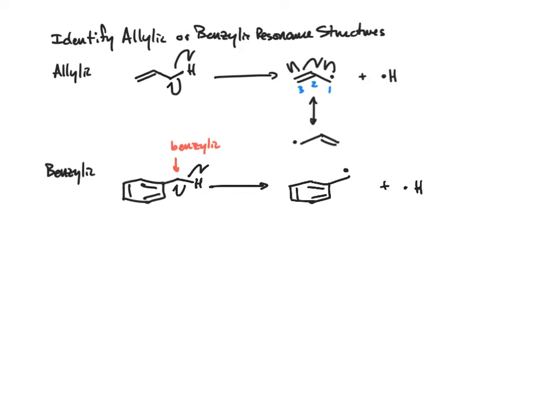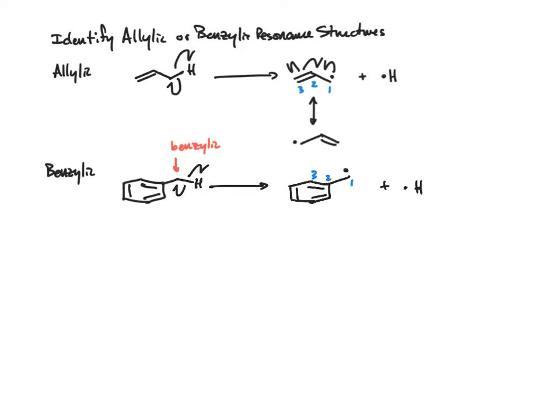So now you're going to do the same thing. You identify the first hybrid, so we could say 1, 2, 3. Then we're going to migrate that radical over to carbon 3. Then you're going to see that allylic system show up again over here. So this would be 1, 2, 3, 1, 2, 3, and then back out of the ring.